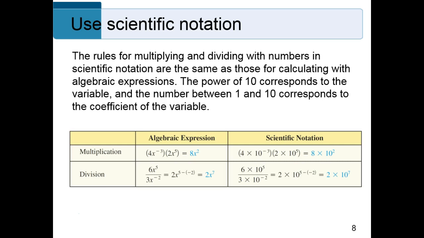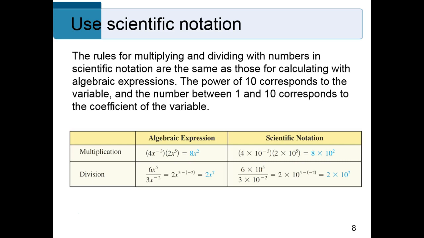Because 12 is not between 1 and 10. Okay? So then you would need to move the decimal one place and make it a 1.2. But if you moved it one place there, you made this a smaller number, so you make that a bigger exponent. 1.2 times 10 to the third. Okay? We'll probably do examples like this, but they didn't show it here.